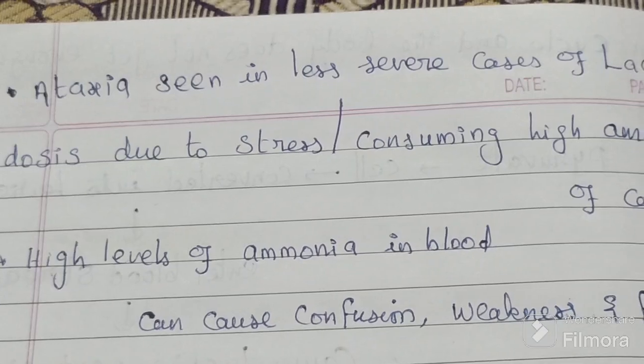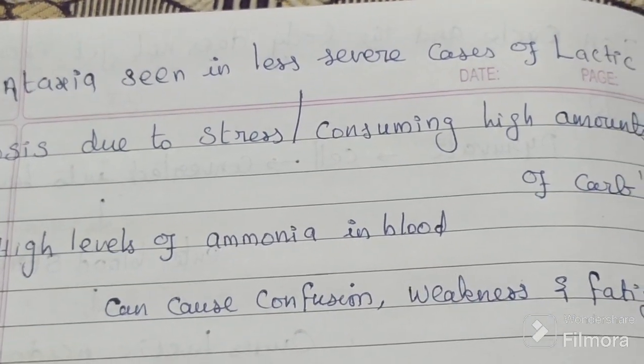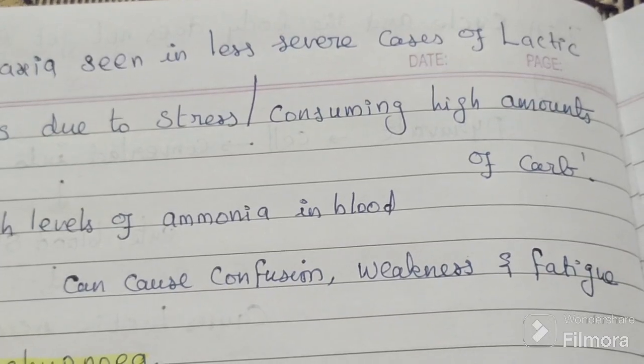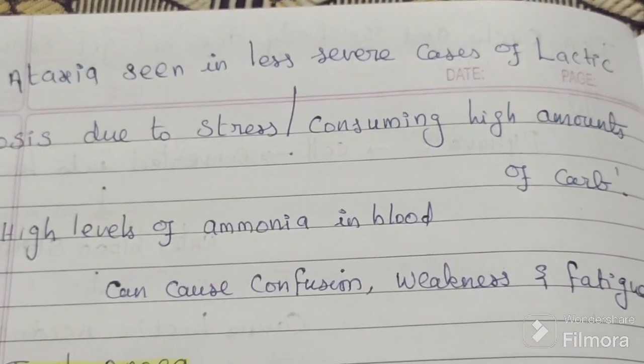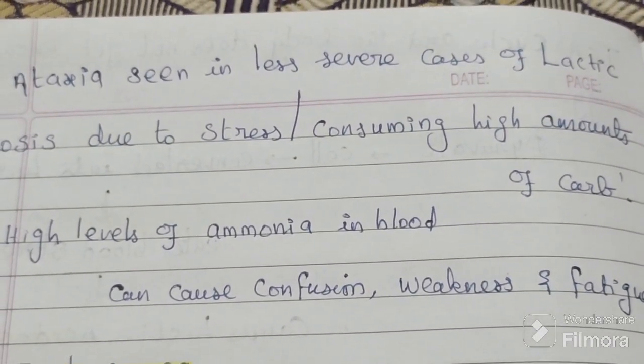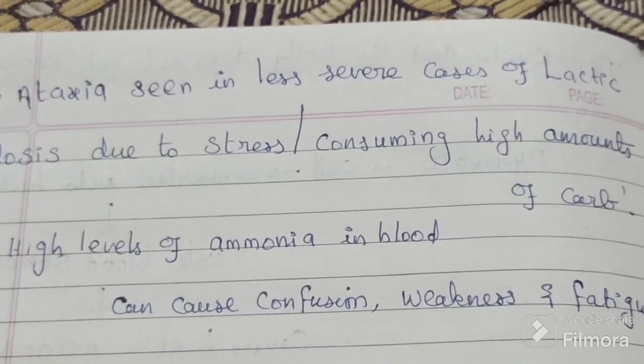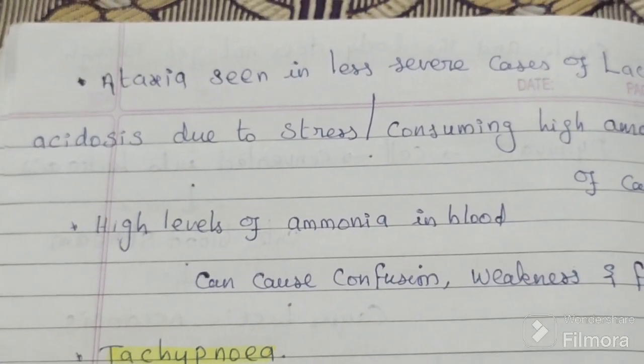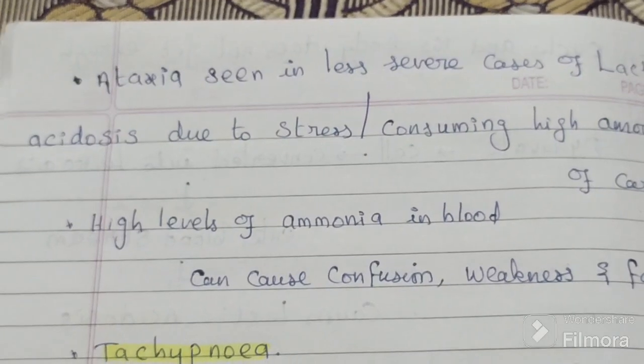Ataxia may be seen in less severe cases of lactic acidosis due to stress or consuming a high amount of carbohydrate. High levels of ammonia in the blood cause confusion, weakness and fatigue.